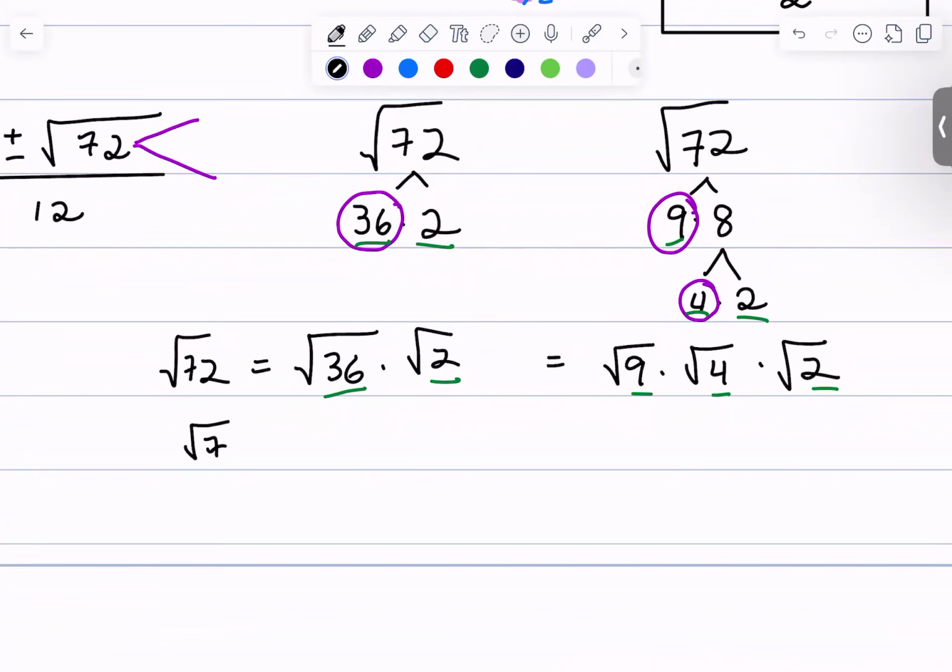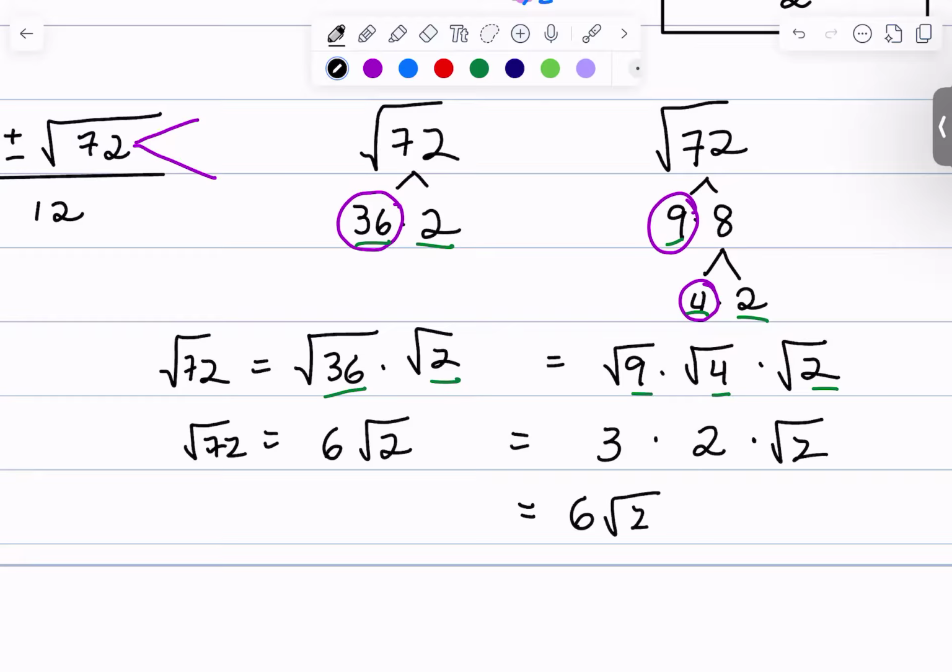So square root of 72 in our first simplification, square root of 36 is 6, times square root of 2. Equals square root of 9 is 3 times square root of 4 is 2 times square root of 2, right? So 3 times 2 is 6 square root of 2.